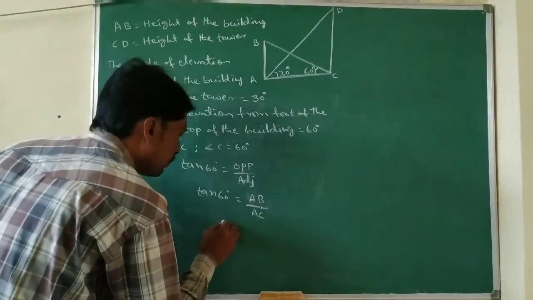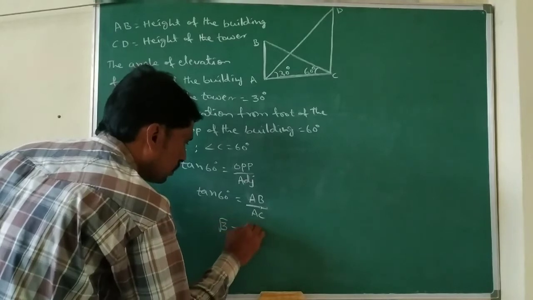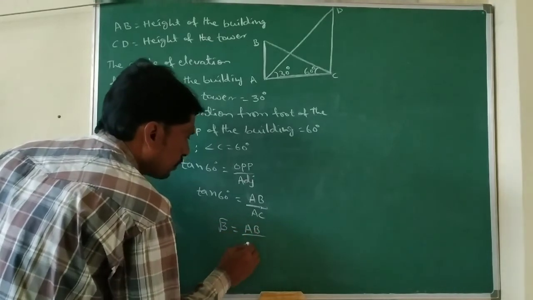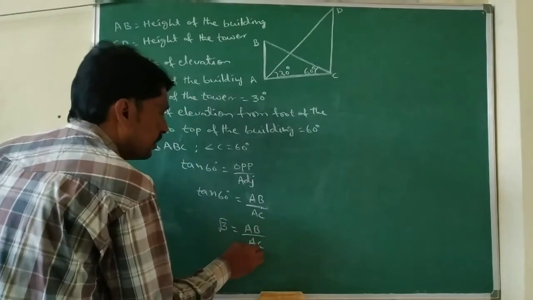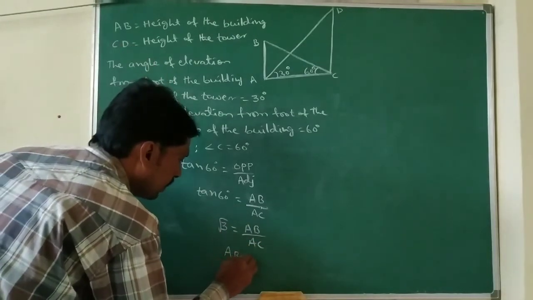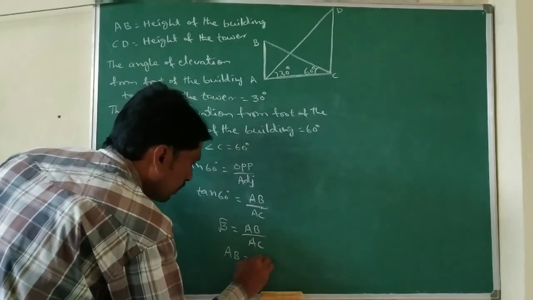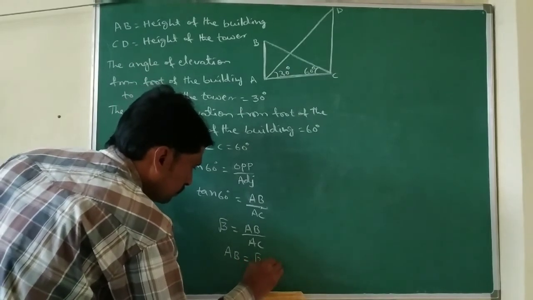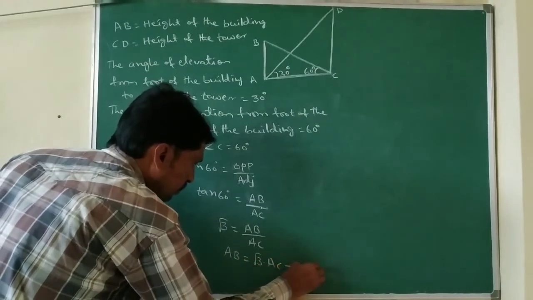Tan 60 value we know, that is root 3, equals AB by AC. Transposing AC to the right, we get AB equals root 3 into AC. This is equation number 1.